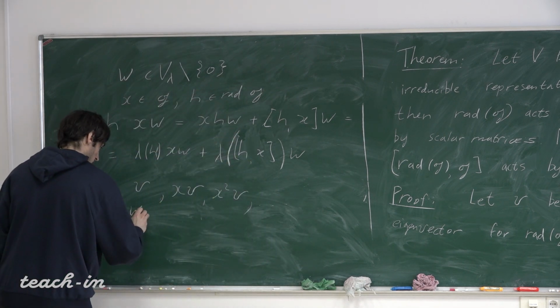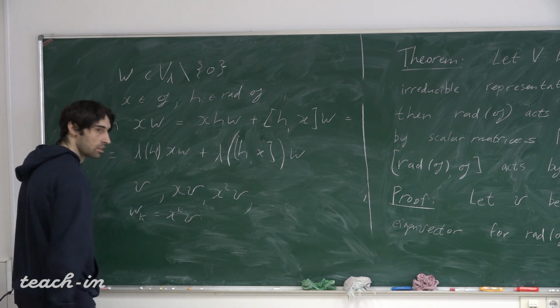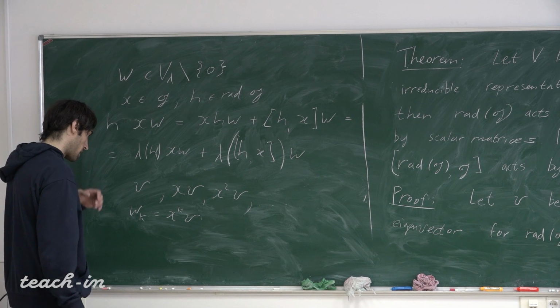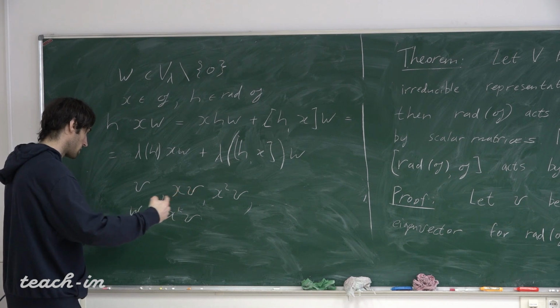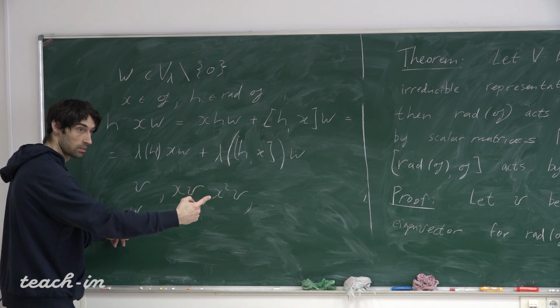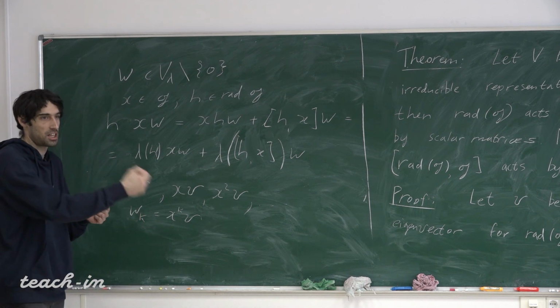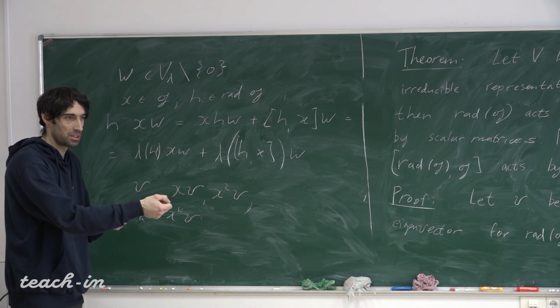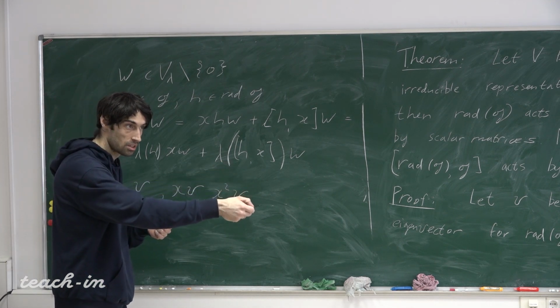Actually, let me denote W_k to be X to the k times V. I would like to take as many W's as I can to make them linearly independent. At least V is not 0. The second might already be linearly dependent, then I stop. But otherwise I continue doing this.